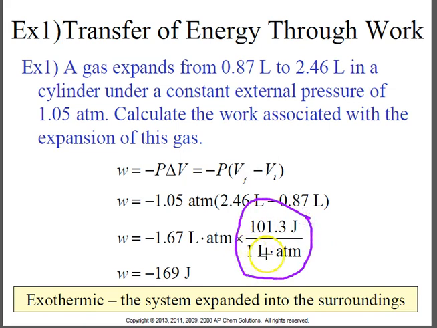So they just use that as a conversion factor, and they find that negative 169 joules of work were done by the system, and so this would be known as exothermic. If our values are negative, we're giving off energy, exothermic. If they're positive, overall the system took in energy, so that would be endothermic.